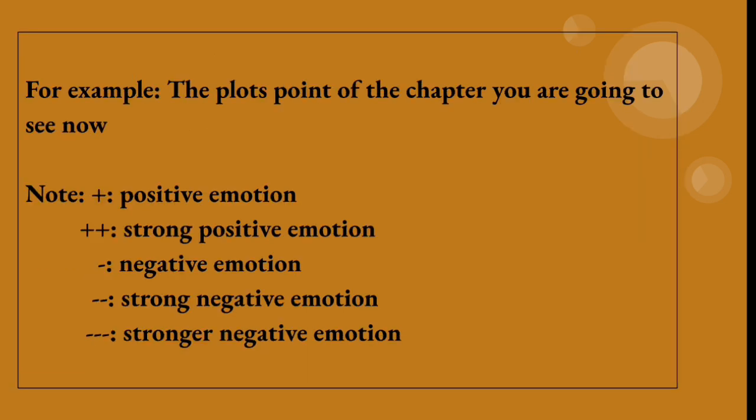For example, we are going to be looking at a chapter of a story that has positive emotion, strong positive emotion, negative emotion, strong negative emotion, and stronger negative emotion, making it 5 plot points in a chapter. This plot point count in a chapter will determine how fast your story is. So let's go into detail.